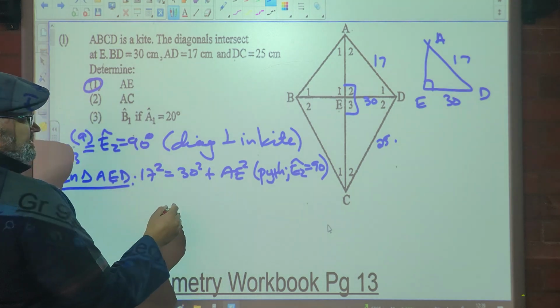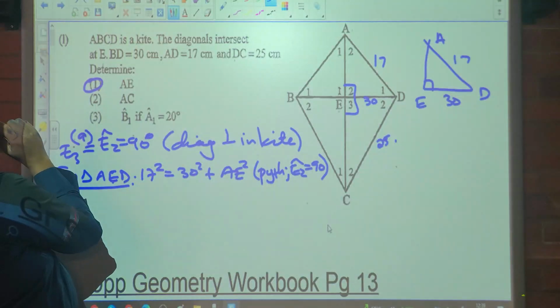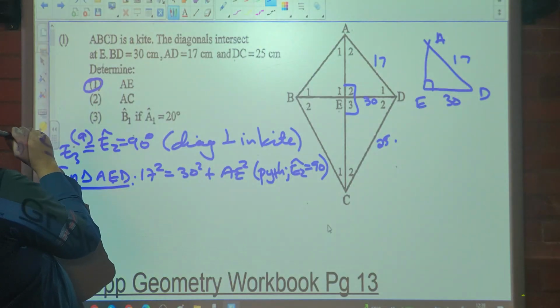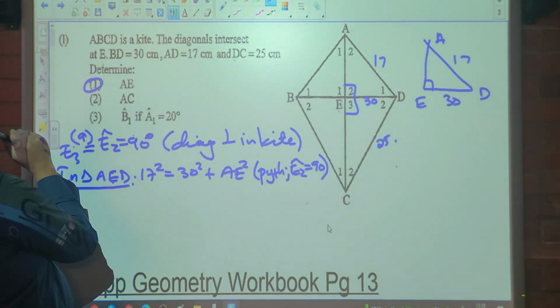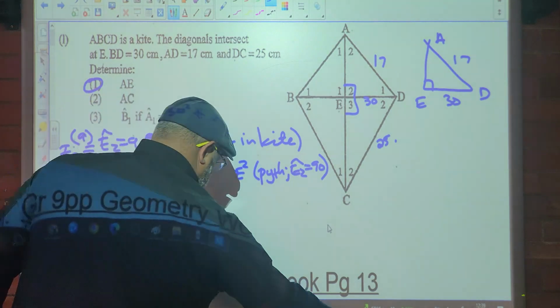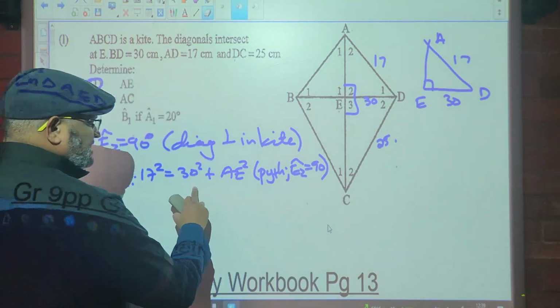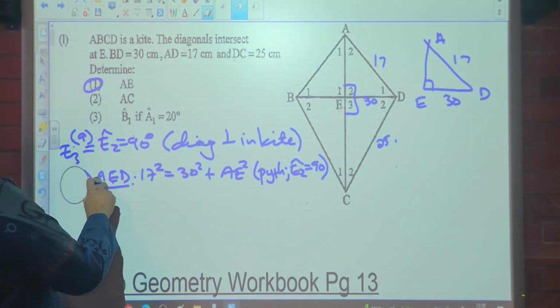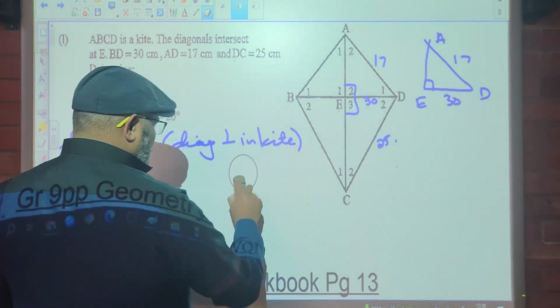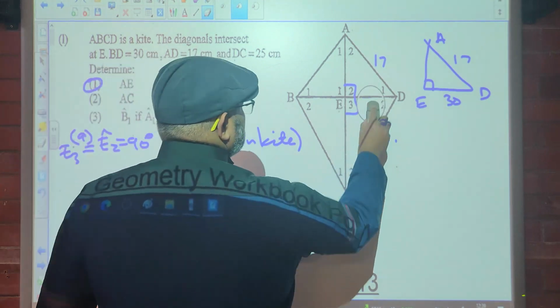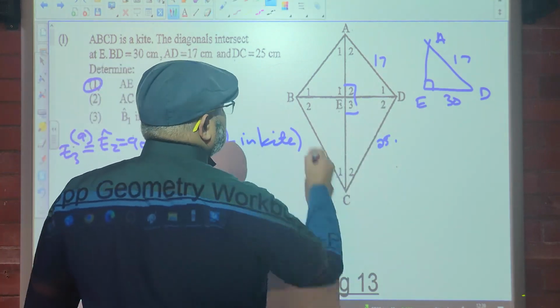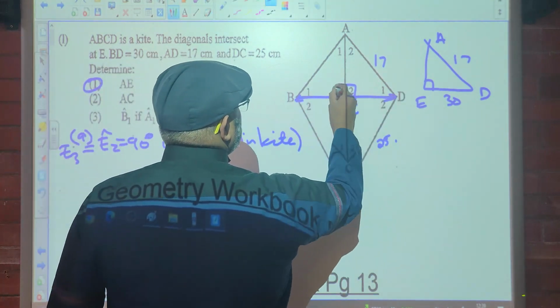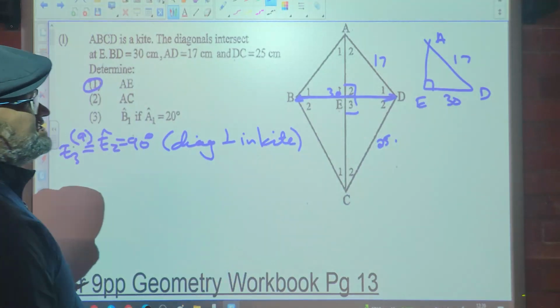So there's something wrong here. ED is 30. No, BD is 30. Alright, there's a problem. Can you see here? This will not give me a negative reading. But I wrote that in the wrong place. That is not 30, the whole length is 30. So what do I have to say first?